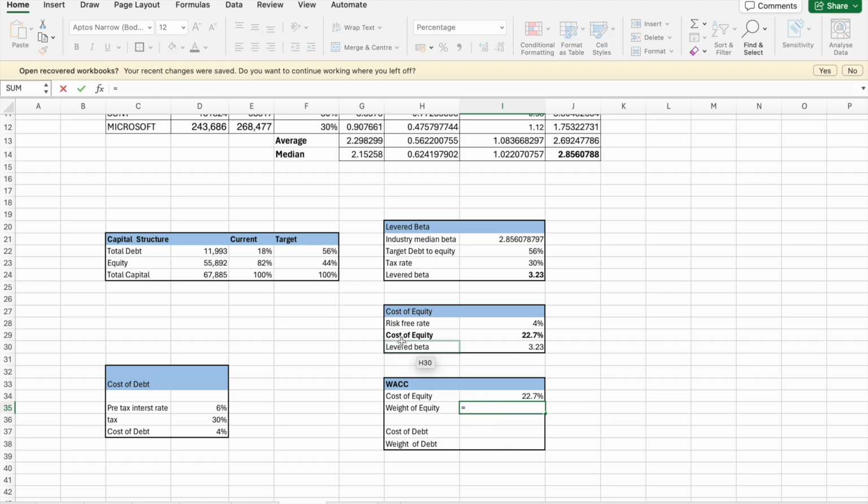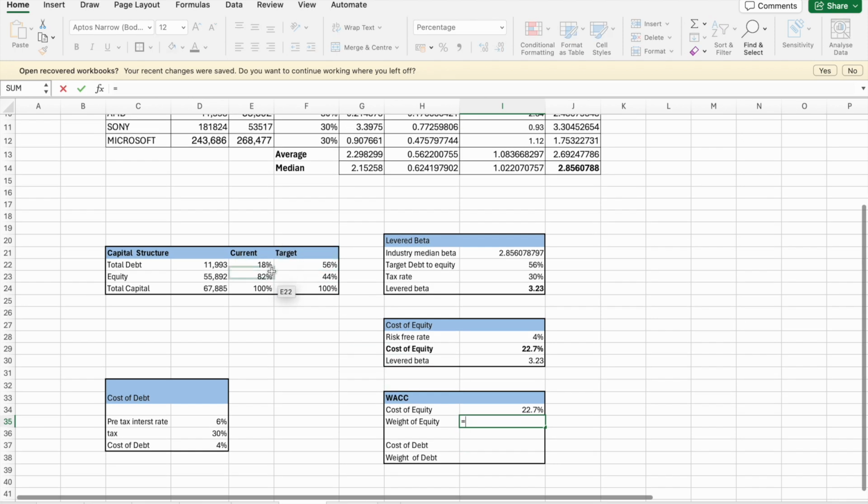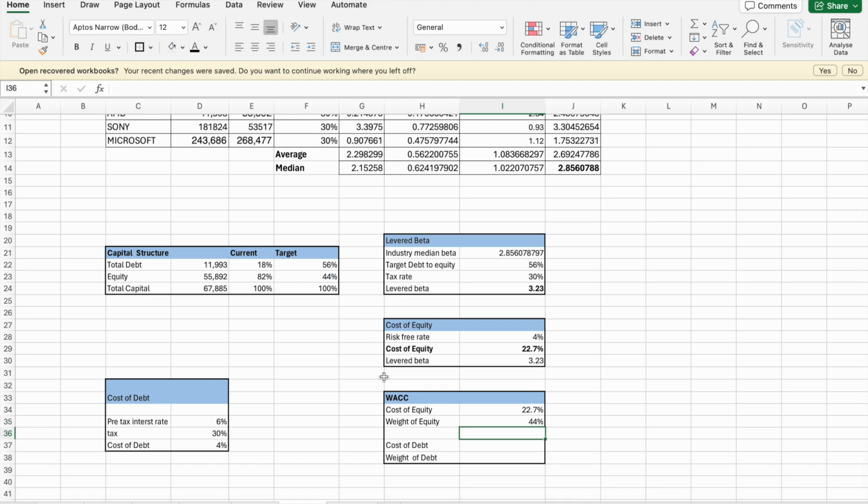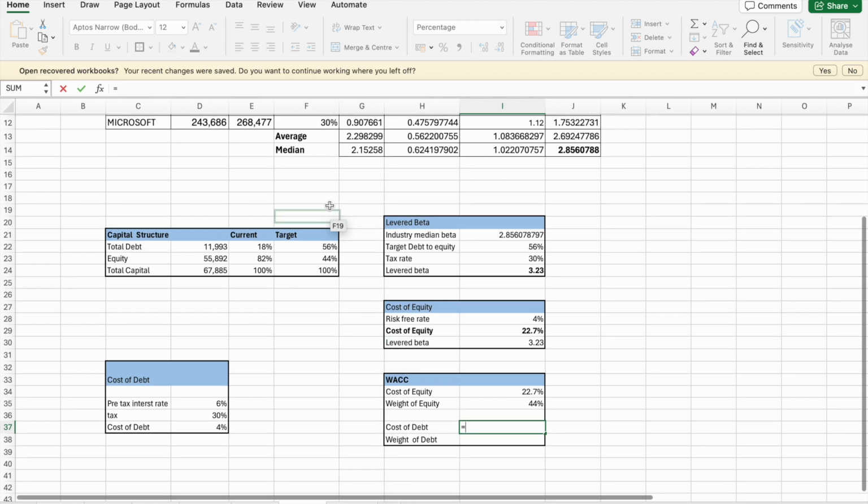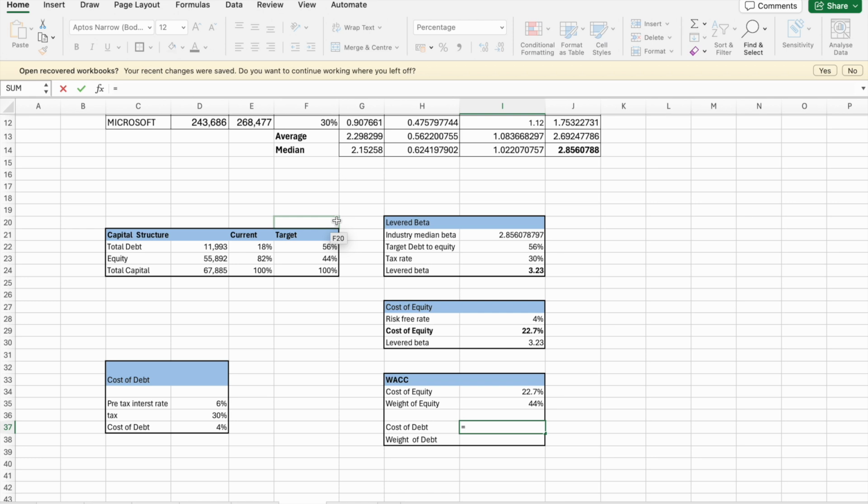So cost of equity, weight of equity is simply 44%, and cost of debt is 4%, and weight of debt is 56%.